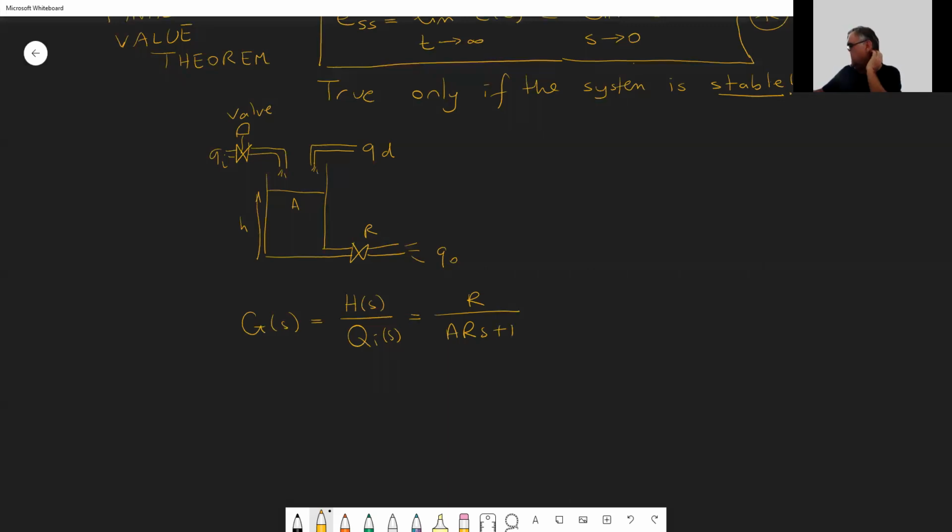Let me just do it this way for the time being. Let's say that we use proportional control, which means that QI is equal to some K times the error, the error being H0, the desired value of H, minus the actual value. Okay.